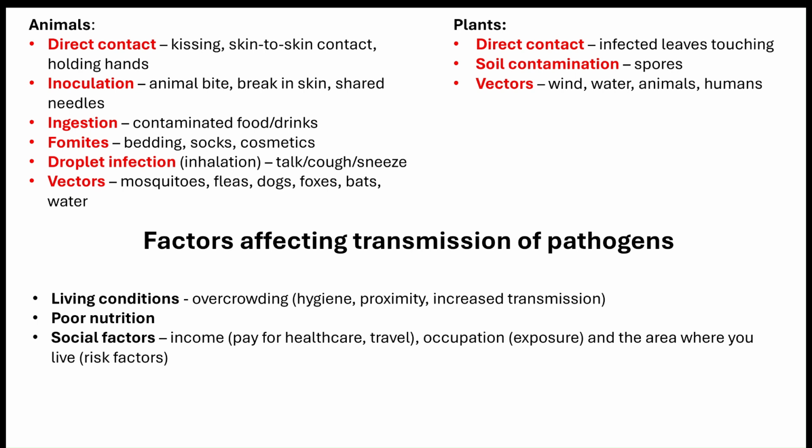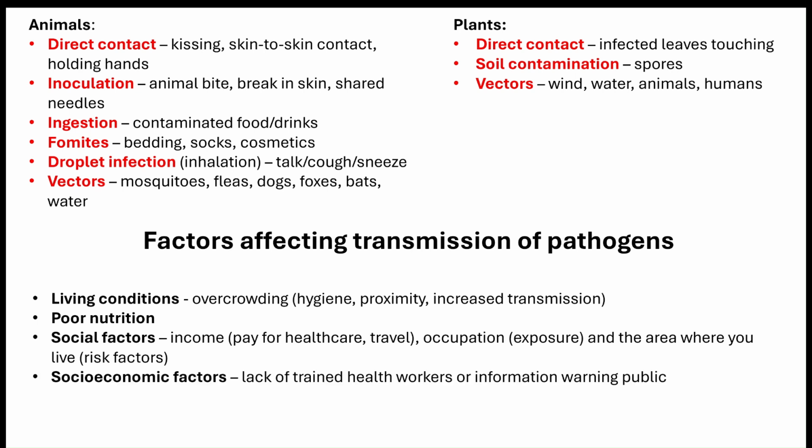Therefore, I had to be vaccinated against them. I therefore had to pay privately for that. Is that possible? So what are the social factors? Can the people be vaccinated? Is their occupation going to result in an increase in the risk factor?